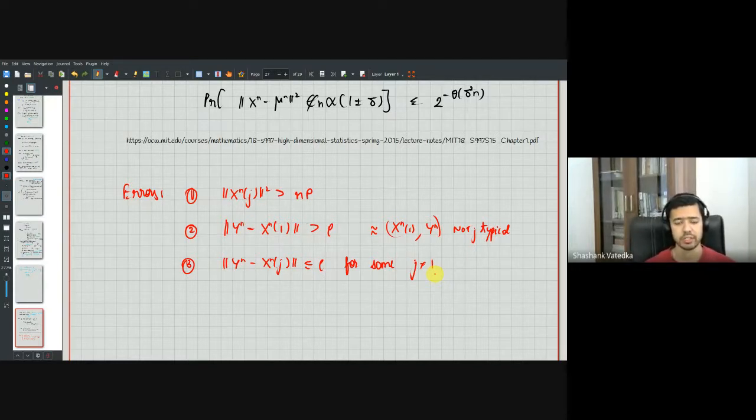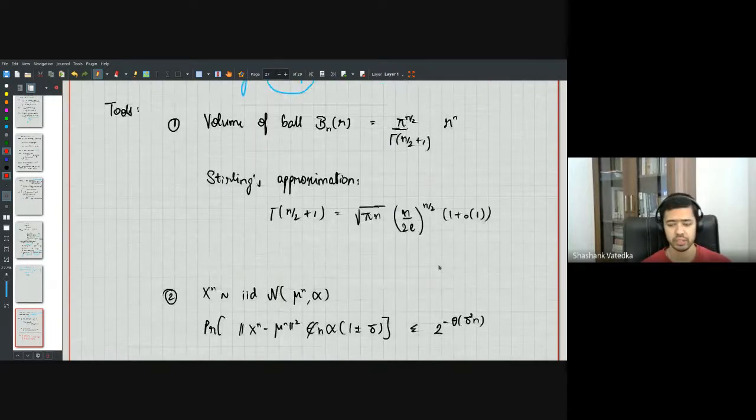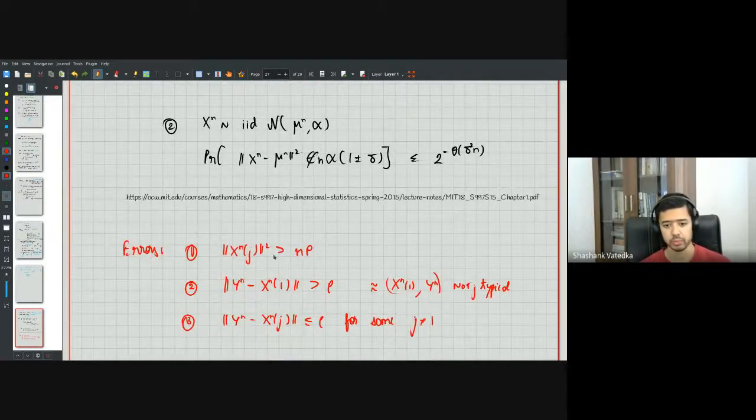Basically all of these can be handled in a very similar fashion. To prove this, we need two tools. Previously we used the Chernoff bound and joint typicality.